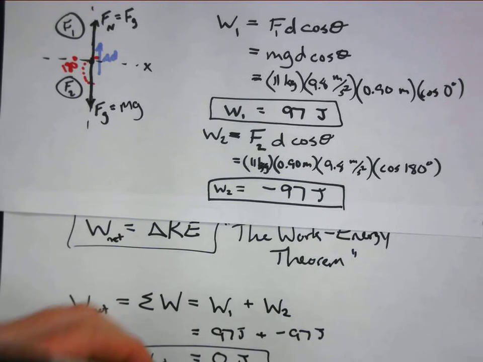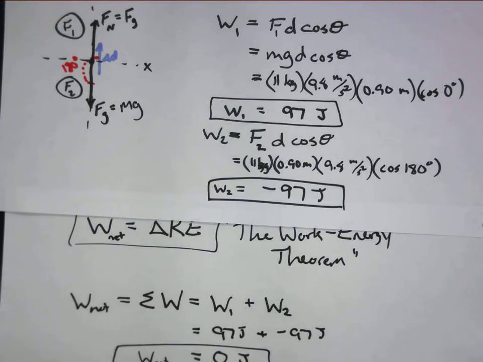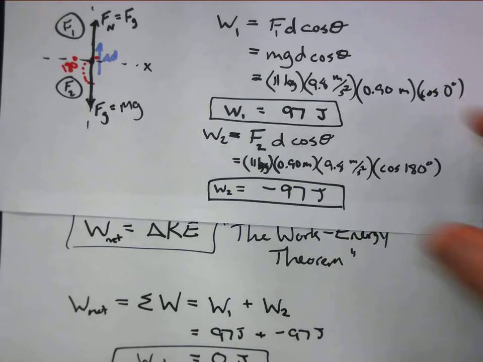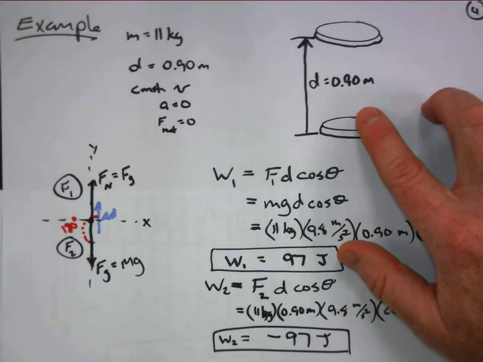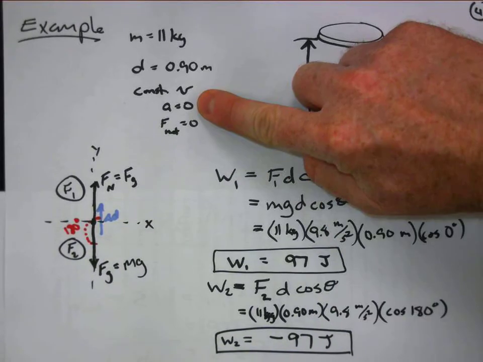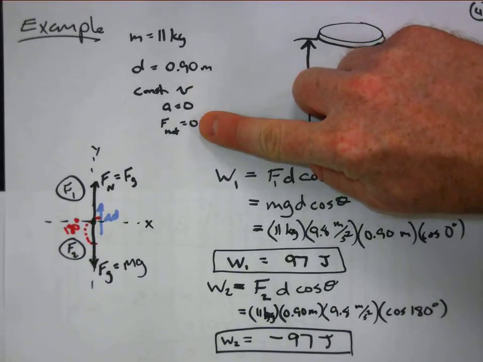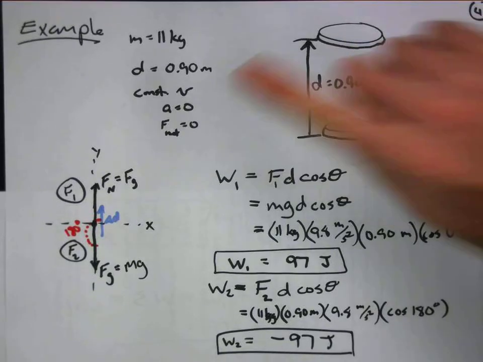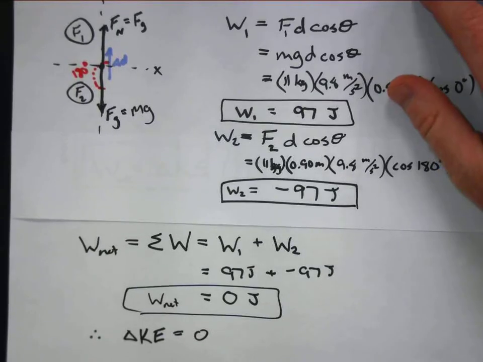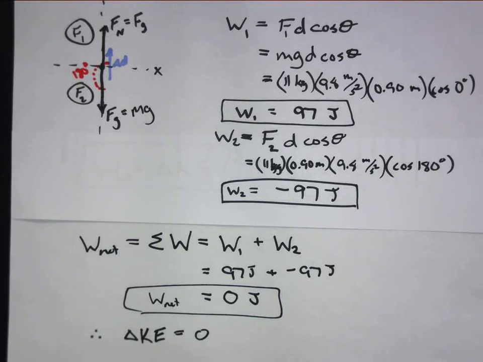Change in kinetic energy was 0. There was no change in kinetic energy. It was not speeding up. Well, that makes total sense. It was not speeding up, constant velocity. Net force was 0. So these things are connected. This is real important to see. The speed of the object has not changed.